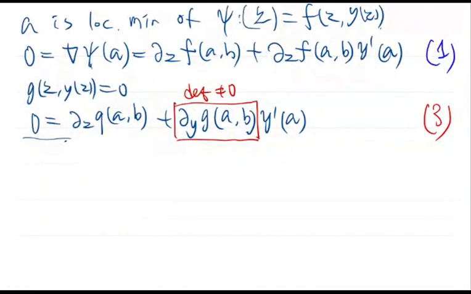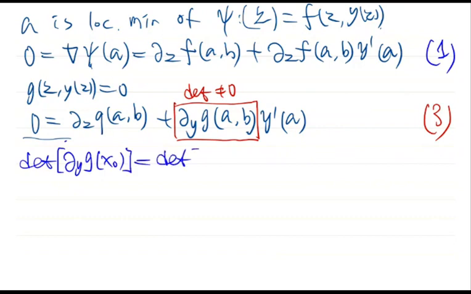Now we observe that the determinant is not 0. This determinant, the partial derivative of g at x0, that is at AB, with respect to y, is not 0.